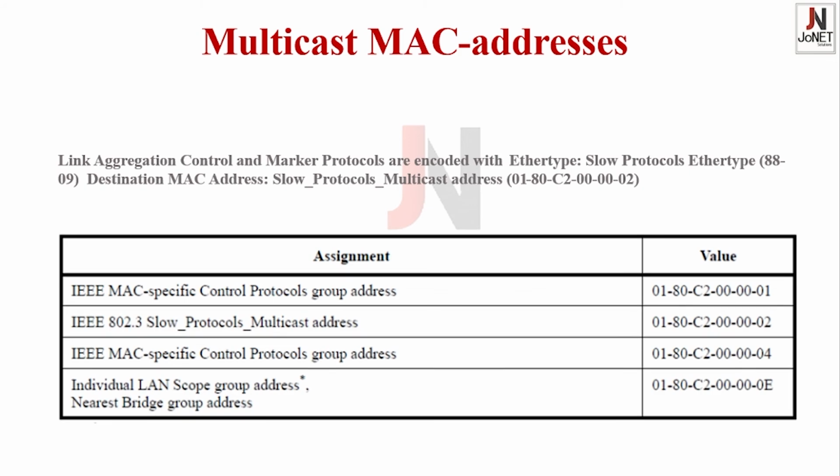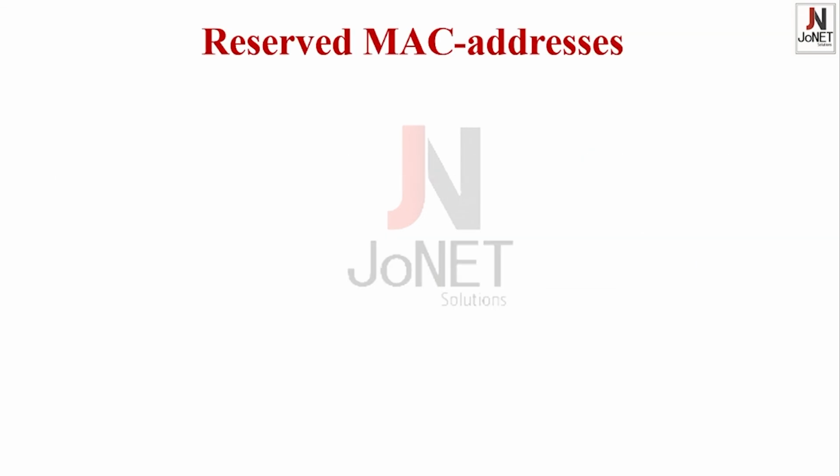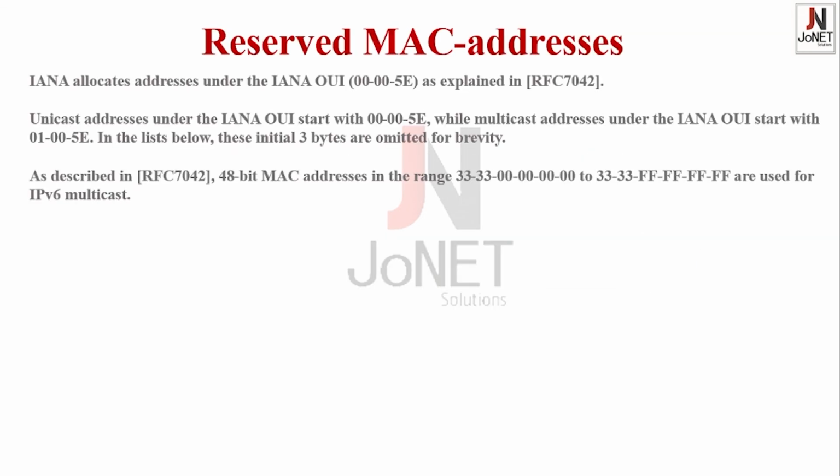So some common devices share common MAC addresses, that is, a multicast MAC address to represent them as a single device. Finally, some reserved MAC addresses are also used here, which are allocated by IANA, the unique address under IANA. So these ranges we cannot use because they are already reserved.